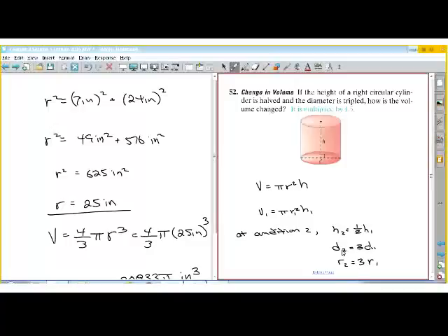So if the diameter is 3 times the original diameter, the new radius has to be 3 times the original radius. We can use the diameter information to come up with the relationship between the radii.